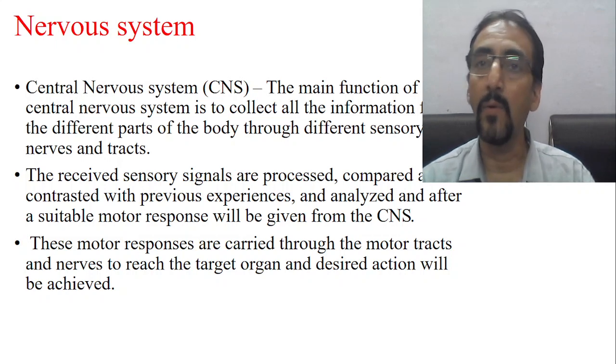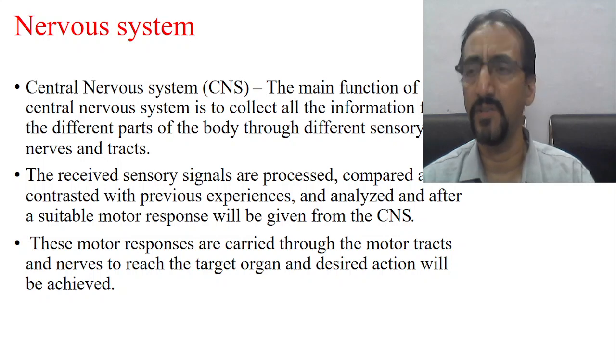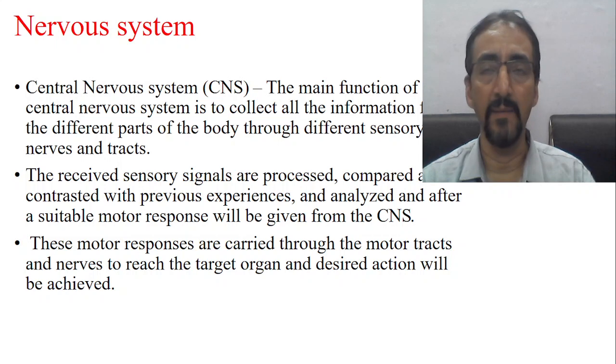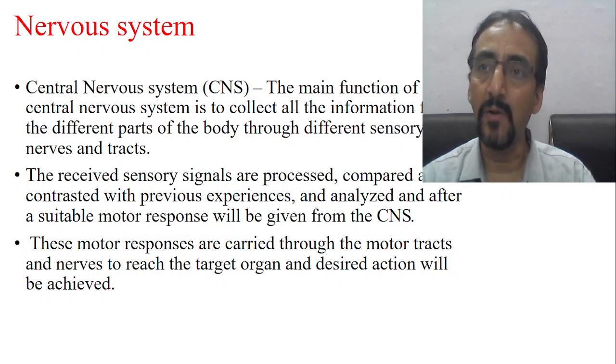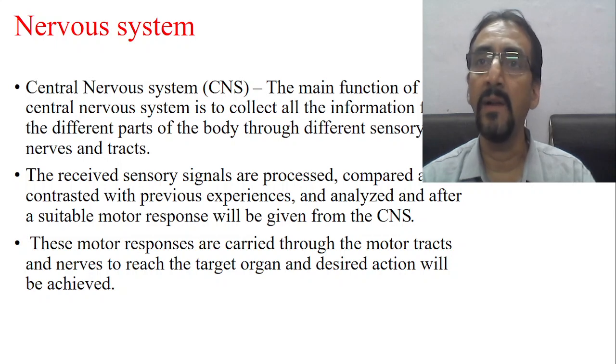We have different sensory nerves and different sensory tracts, and all these tracts and nerves are bringing so much sensory information into the brain through the hypothalamus. Okay, so into the brain. And now your brain collects all this information, takes a signal out of it, and then tries to give a motor response for that.